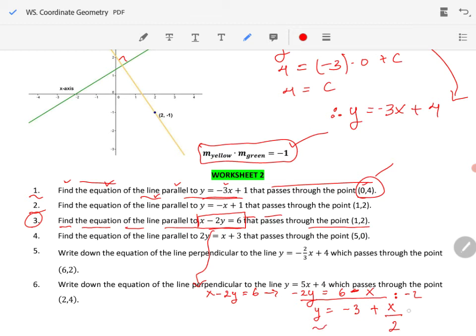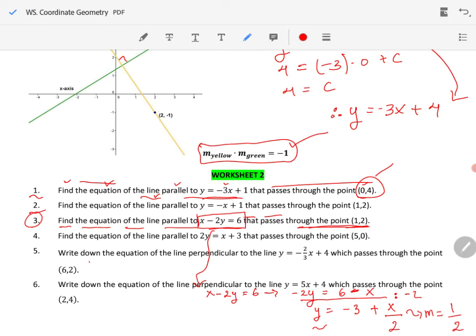So what is the gradient, mister? The gradient is the coefficient of x. What is the coefficient of x? 1/2. That's the gradient. How to find the equation, mister? It's simple. You just need to use the point.